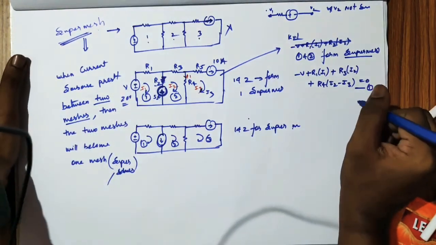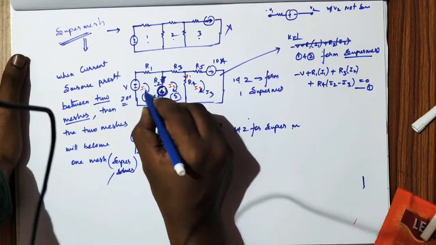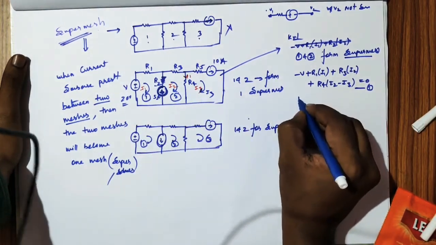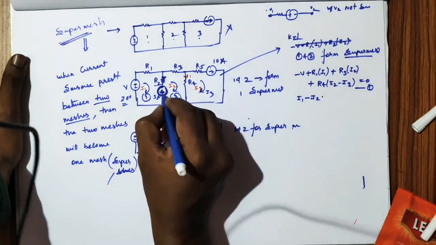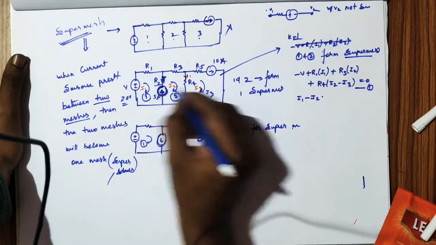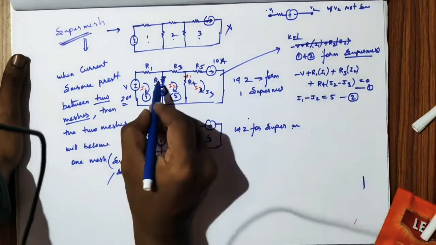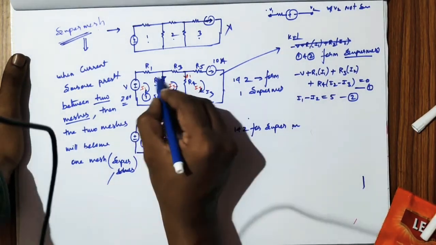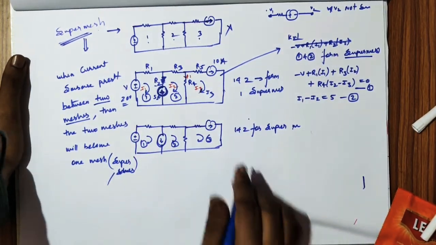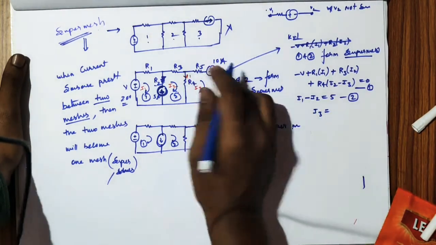Now, from the current source relation between I1 and I2, the current source is flowing downwards, therefore I1 minus I2 equals 5. This is equation 2. In the entire super mesh equation you are neglecting R2. Similarly, in the third equation, I3 equals 10 amps, since you directly have the current source there.